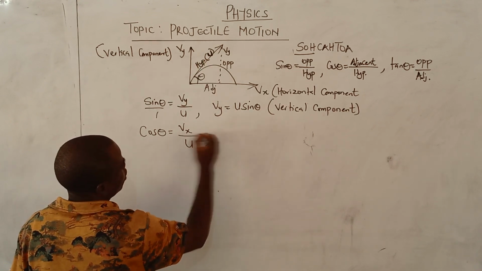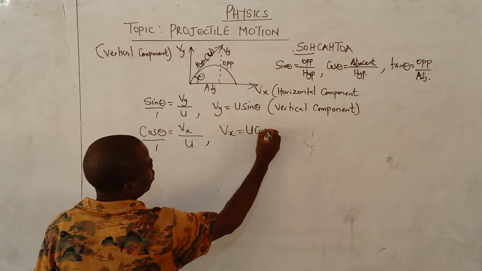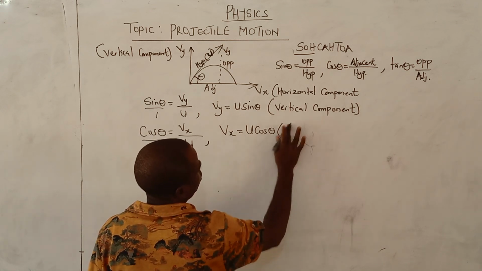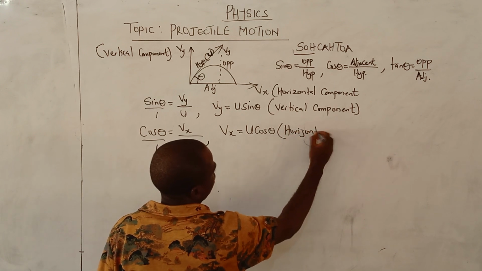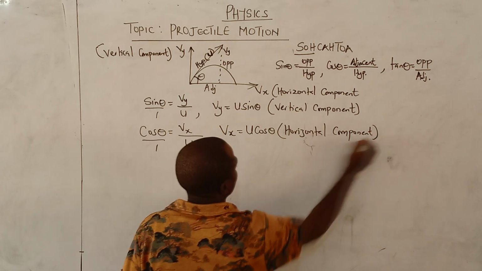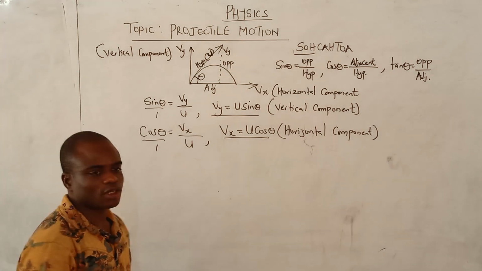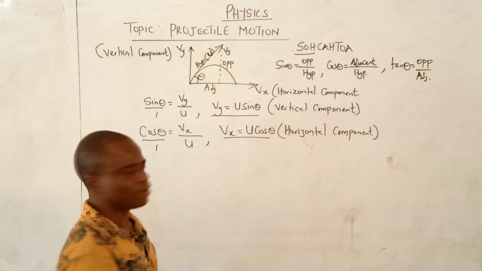When you cross multiply, you have Vx equals u cos theta. These two are very important. Let it be your memory: vertical component, u sine theta; horizontal component, u cos theta.